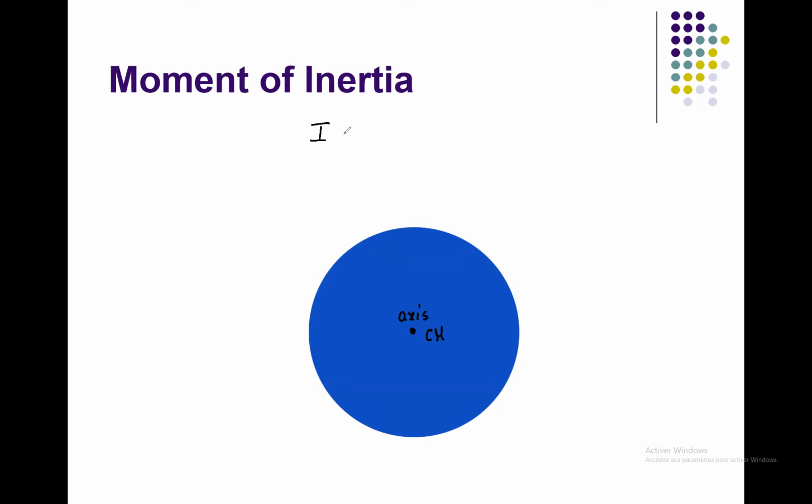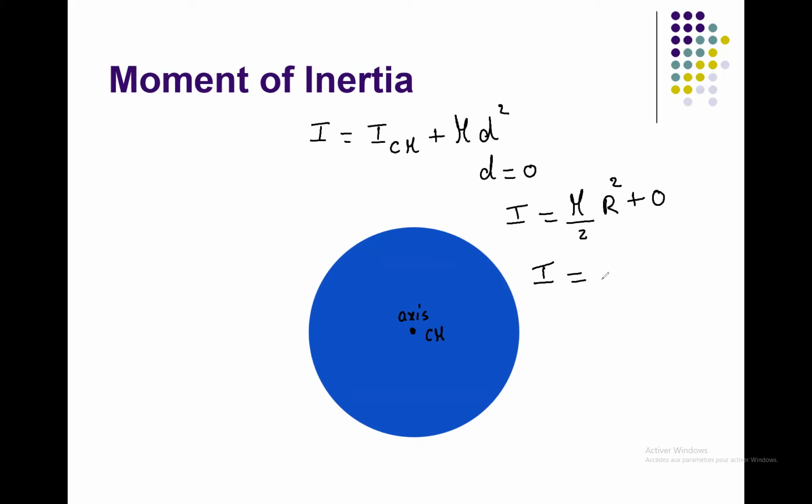So the moment of inertia of the system equals I_cm plus m d square. The distance between the axis and the center of mass equals 0. So we can say directly I equals I_cm equals m over 2 r square plus 0. So here we have I equals m over 2 r square.